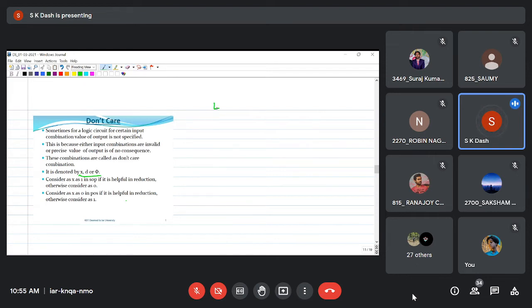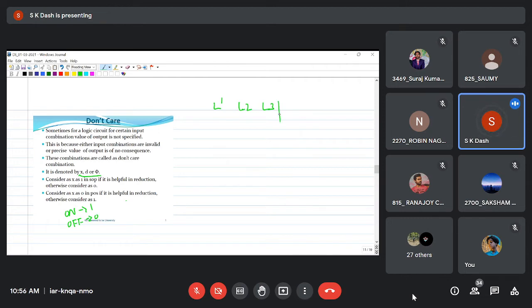So suppose LED 1, LED 2, LED 3. Each can be on or off. On means 1, off means 0.